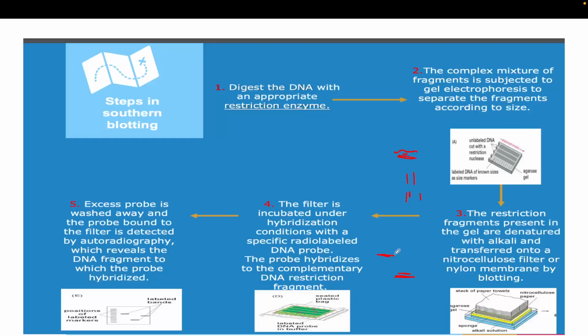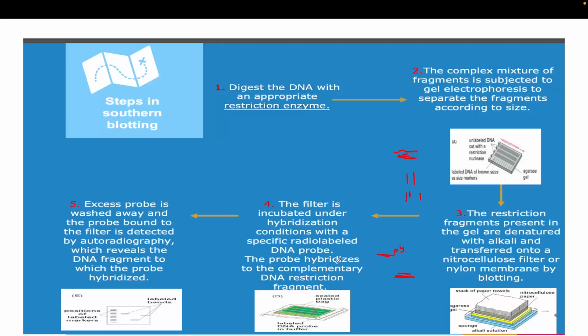Generally for Southern blotting and Northern blotting, we prefer radiolabeled probes, either gamma phosphate labeled. It is a radioactive molecule, so that's why we label it with the gamma phosphate.